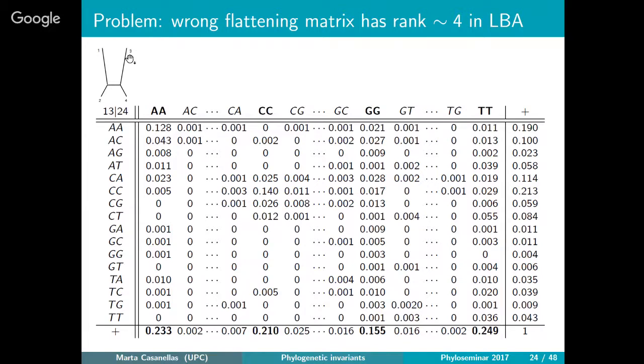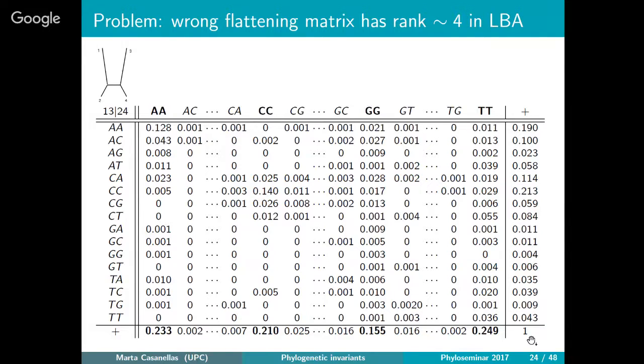I simulated data on this tree, and I did the flattening matrix, and I observed that these columns, AA, CC, GG, and TT, if I sum them, have most of the weight of the whole matrix. So the matrix is mostly concentrated on these 4 columns, and this makes this matrix have almost rank 4, while it shouldn't have rank 4 because this bipartition doesn't come from this tree. Okay, so that's one of the problems that the original Erik SVD method had.